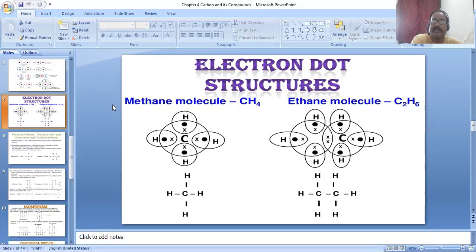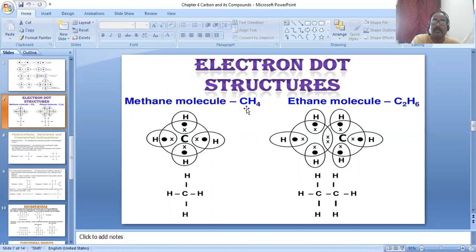Suppose in any compound, the constituent elements differ. For example, just see here methane and ethane. Methane, the chemical formula is CH4, and ethane, the chemical formula is C2H6. According to the number of electrons, carbon is 6, and its electronic configuration is 2, 4.